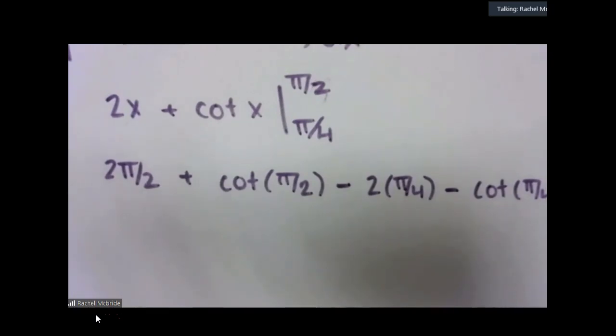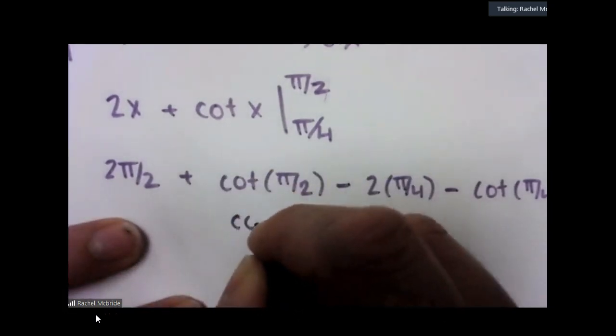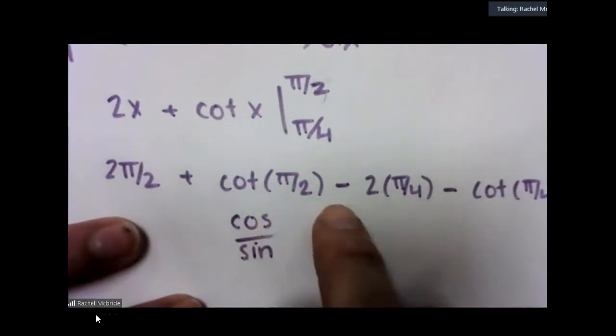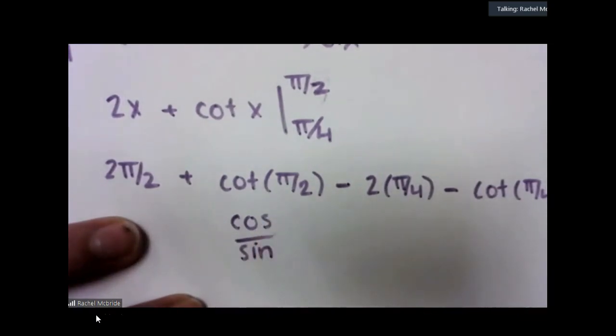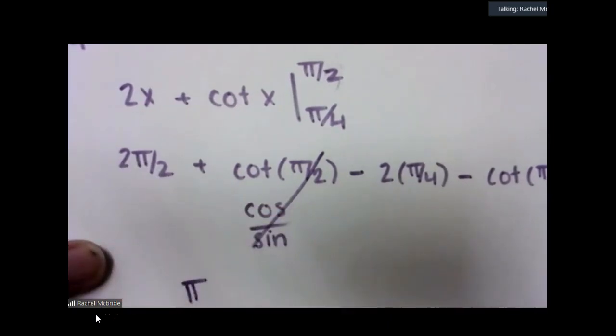So if you think about cotangent of pi halves, cotangent is really cosine over sine. The cosine of pi halves is at 90 degrees. So the cosine of 90 is 0. So the cotangent of pi halves is 0. So 2 pi over 2 gives you pi.